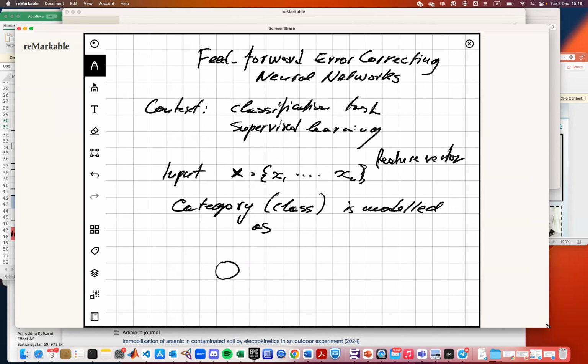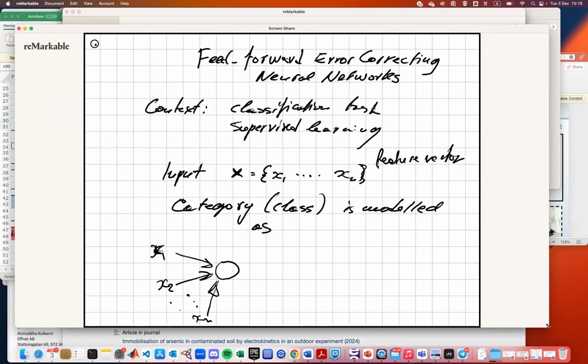Now I will again draw this famous picture, where we do computations and produce a score for a certain class.